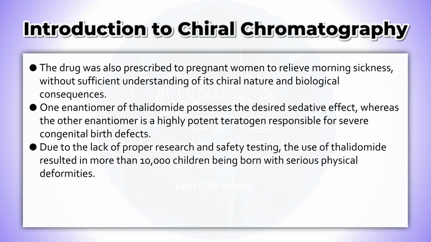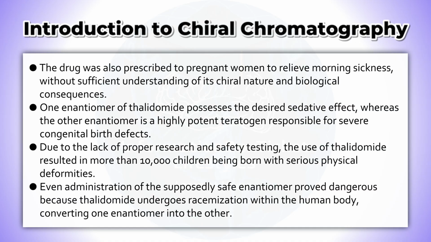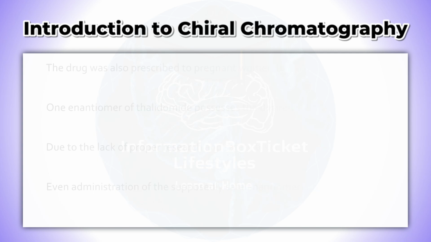Due to the lack of proper research and safety testing, the use of thalidomide resulted in more than 10,000 children being born with serious physical deformities. Even administration of the supposedly safe enantiomer proved dangerous because thalidomide undergoes racemization within the human body, converting one enantiomer into the other.